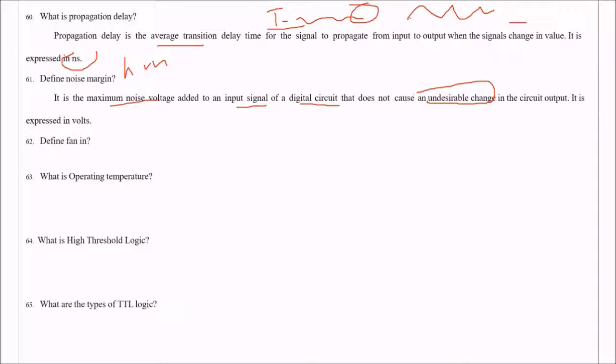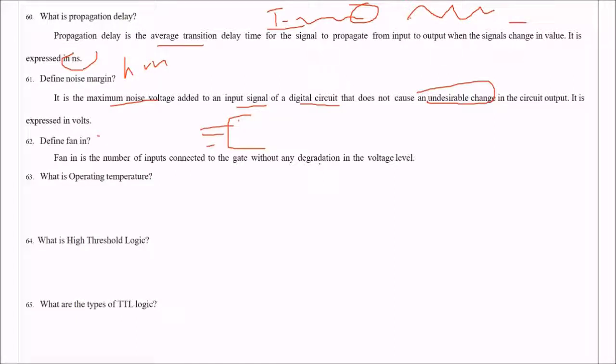You must know that noise margin is computed in volts. Fan out we have already seen. Let us define fan in. Fan in is the number of inputs connected to a gate without any degradation of the voltage level.